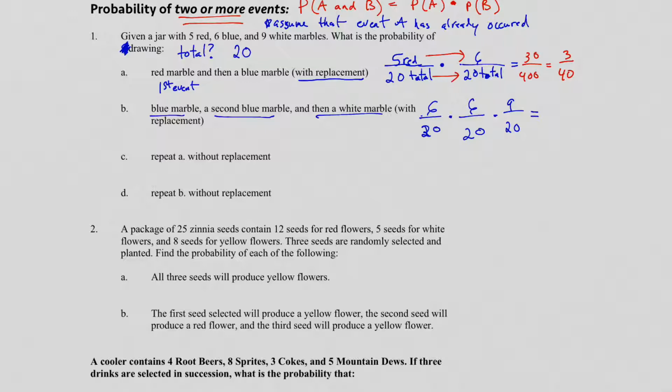So anyways, let's just say I don't have a nice fancy calculator. So I'm just going to do 6 times 6 times 9 is 324. 20 times 20 times 20, that's 20 to the third power. That's 8,000. Okay?